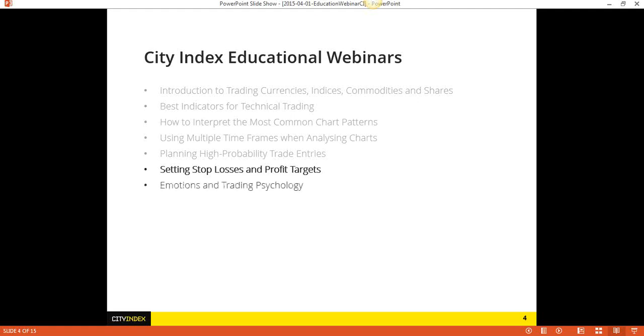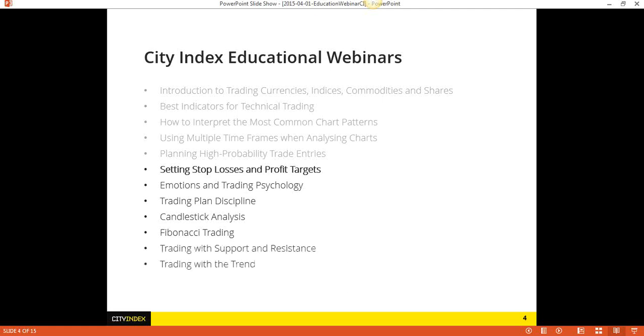Next week we're going to be talking about emotions and trading psychology. After that, trading discipline. Then we're going to go through candlestick analysis, which is a big part of technical analysis, and Fibonacci trading, which is one tool or technique of trading. Then support and resistance, which is extremely important, and trading with the trend, which is the way I trade.